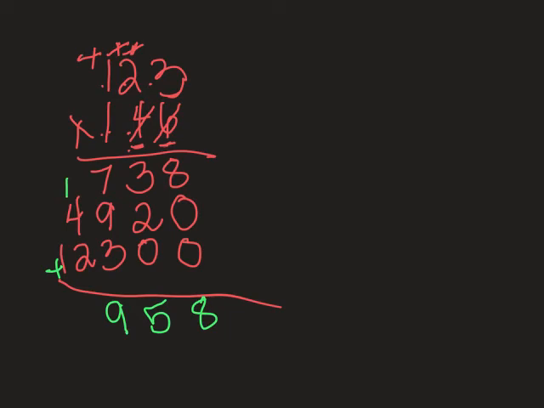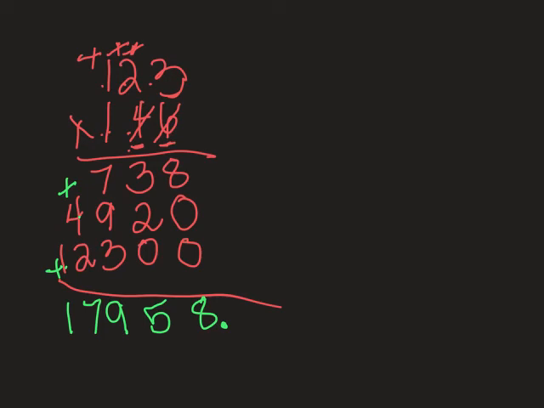Carry my 1. 4 plus 2 is 6, plus the 1 is 7, and then I have this 1 here, and I bring it down. Now, whenever you have a whole number, the decimal point goes to the very right, okay?